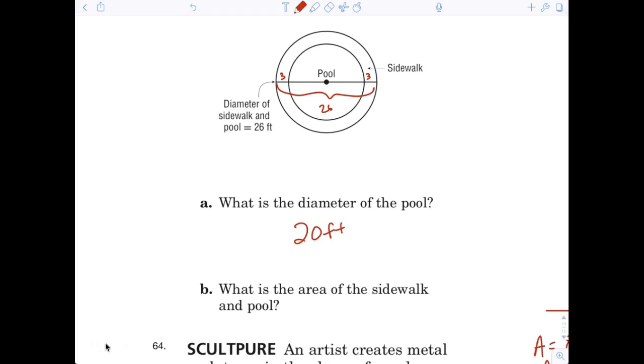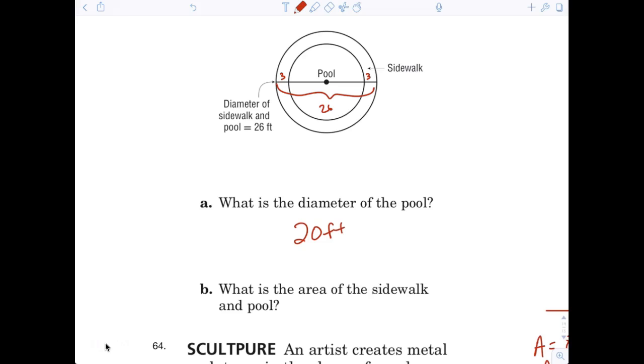Good. I just added the area of the sidewalk and the pool, which was the question asked. So I took the diameter of 26 and made the radius 13 and plugged it into the circle formula. But that's not just the area of, what is the area of the sidewalk? And the pool. Okay, does everybody understand what I'm saying there?